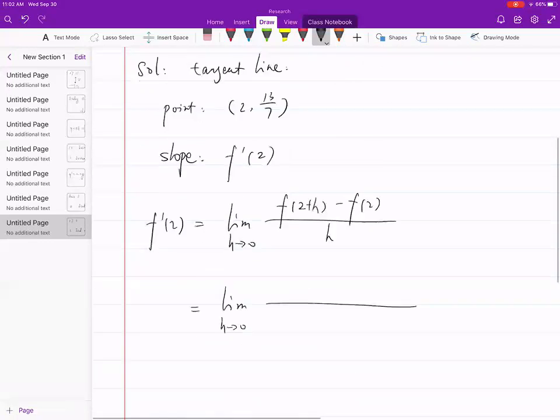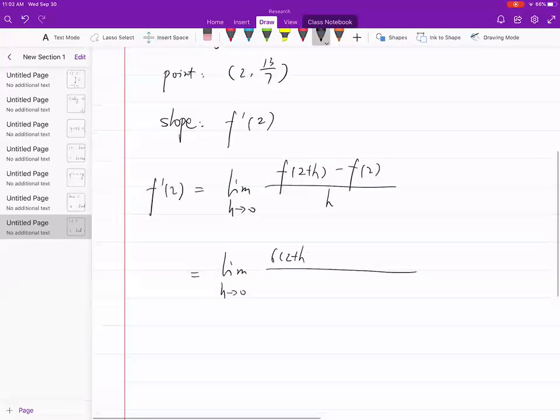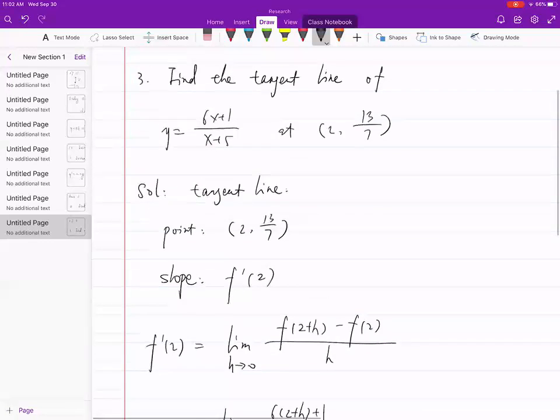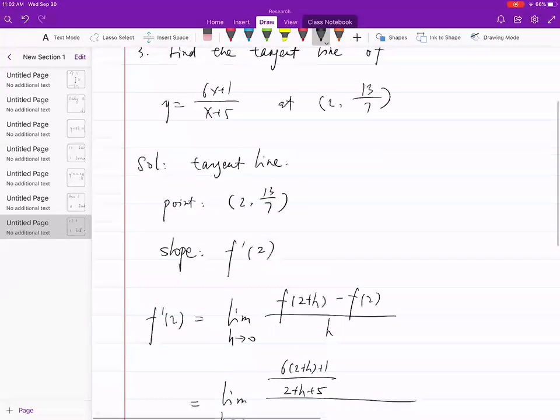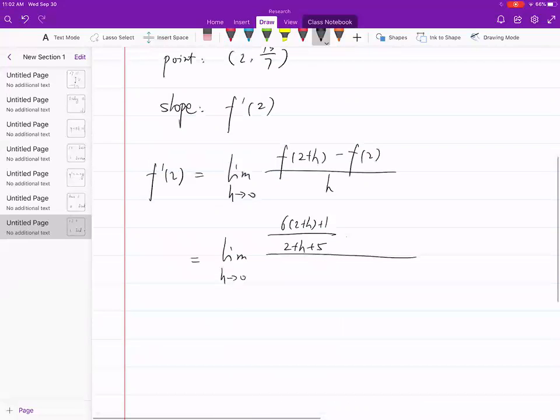2 plus h, x plus 5. All right. And so far, it should be just writing the definition down. The rest will be just doing the algebra.